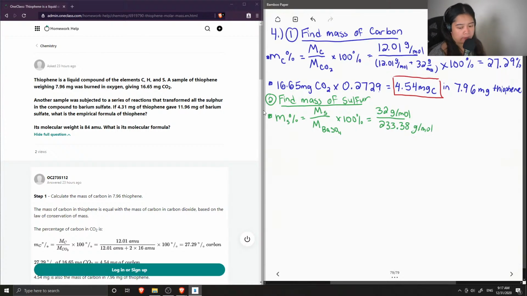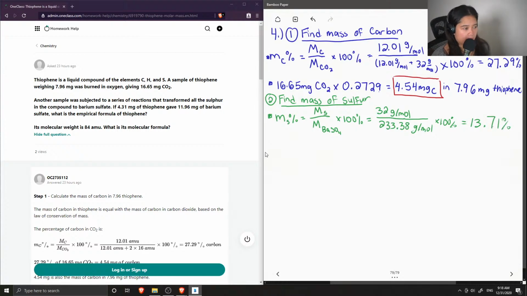Okay, so now we want to take the fraction, multiply it by 100, and you should get 13.71%.